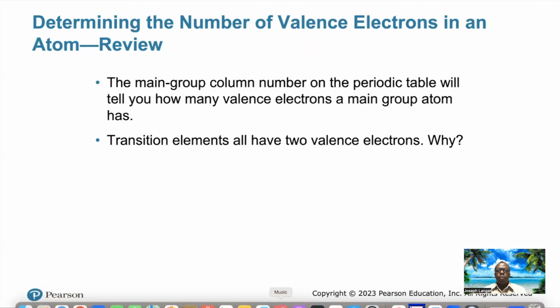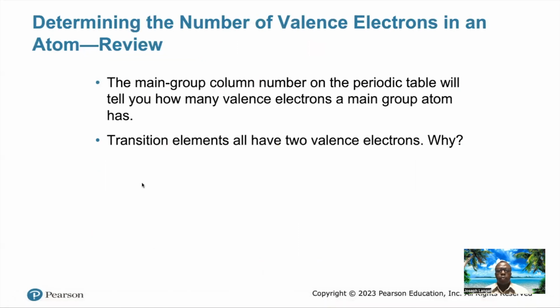To determine the number of valence electrons in an atom, look at the main group here. I've shown you the partial periodic table. Looking at the group number on the periodic table, you should be able to determine the valence electrons. For main group, the group number equals the valence electrons.